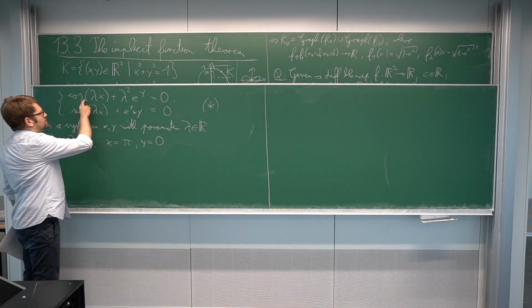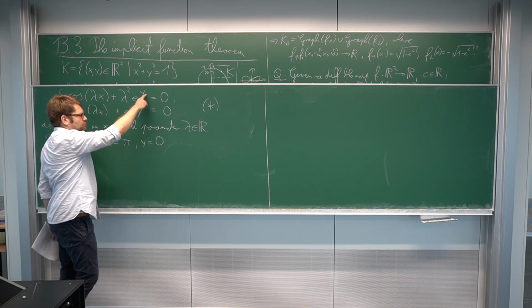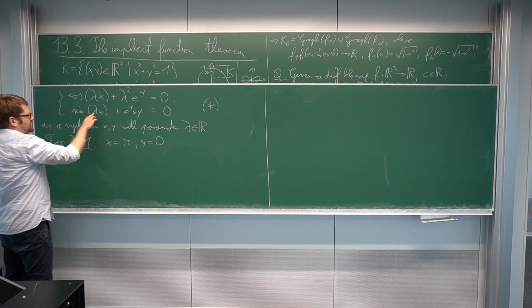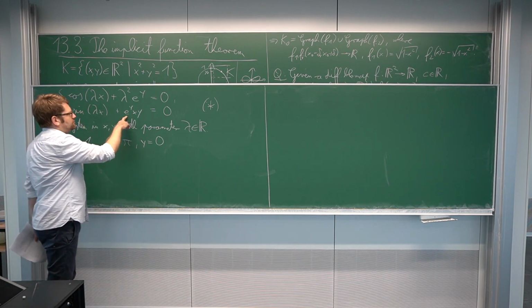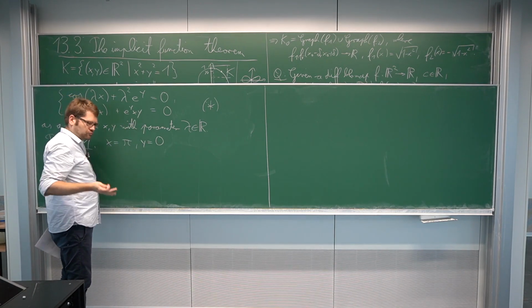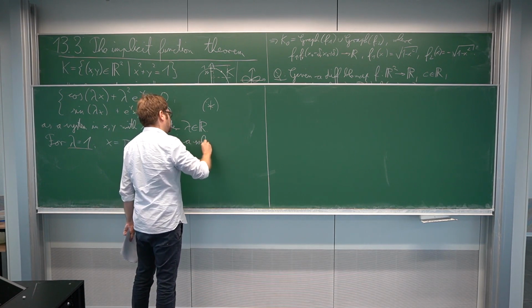Then we have here the cosine of pi, which is minus 1. Here we would have 1 times e to the 0, which is 1, so they add up to 0, fine. Here we would have the sine of pi, which is 0, and here it's e to the 0 times something times 0. So this would again be 0. So this is a solution.